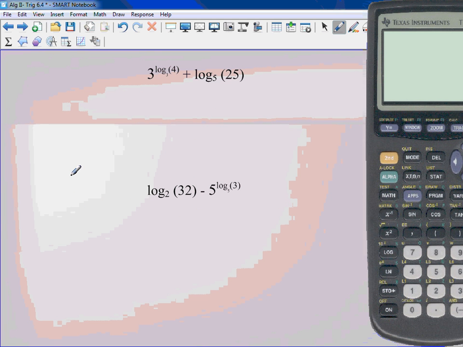Here, I have 3 to the log base 3 of 4, plus, it has to be small or it doesn't look like an exponent, plus log base 5 of 25.